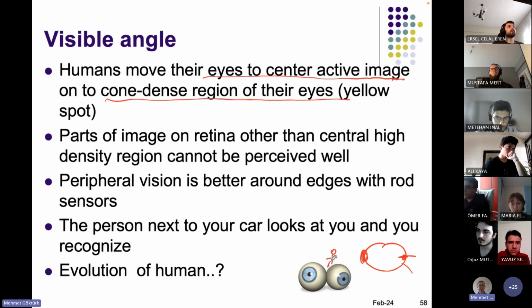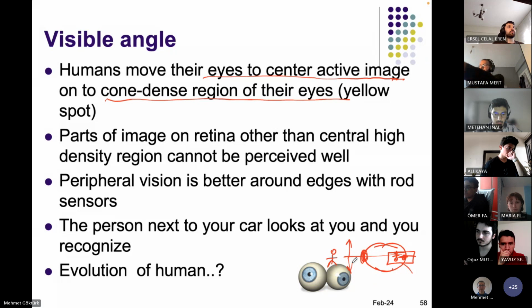So if there is a guy here, that guy's image is created at the back upside down. So only this part is seeing. Other parts are seeing, but not very good. Therefore, we have to rotate our eyes up and down, left and right, so that we can capture information about the point of interest.